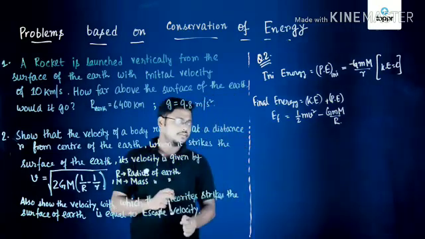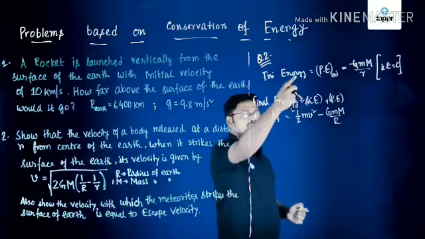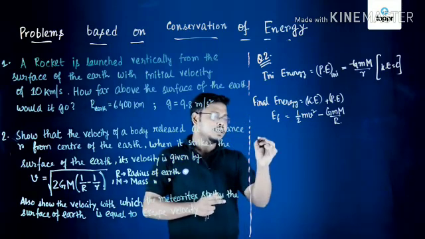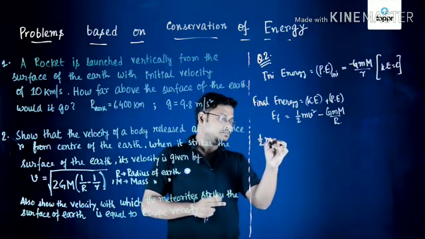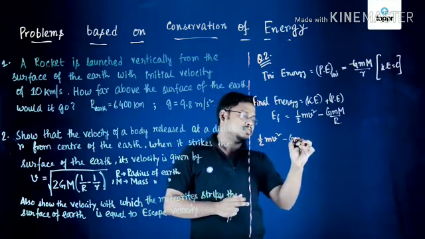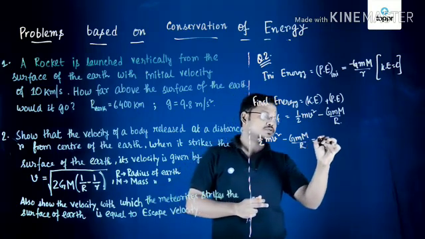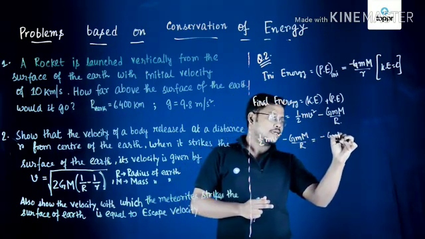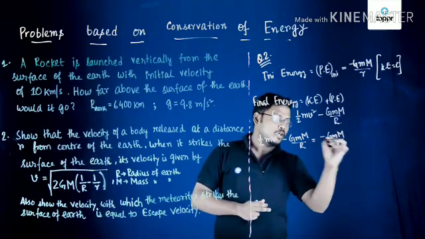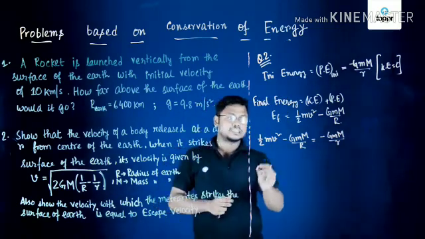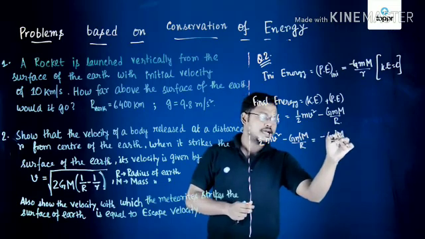Now from the conservation of energy principle, we can equate these two equations. So this will be half of mv square minus GMm divided by capital R equals minus GMm divided by small r. From this expression I can cancel the m on both sides.